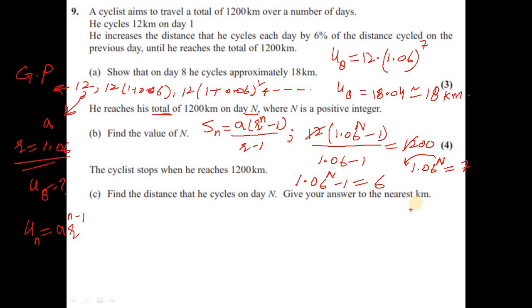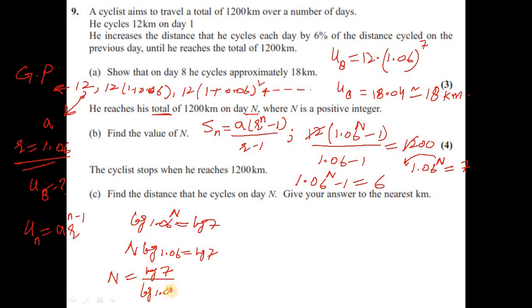So log of 1.06 whole power n is equal to log of 7, and using laws of logarithm, this n comes down and log of 1.06 goes on the other side, so n is equal to log of 7 divided by log of 1.06.